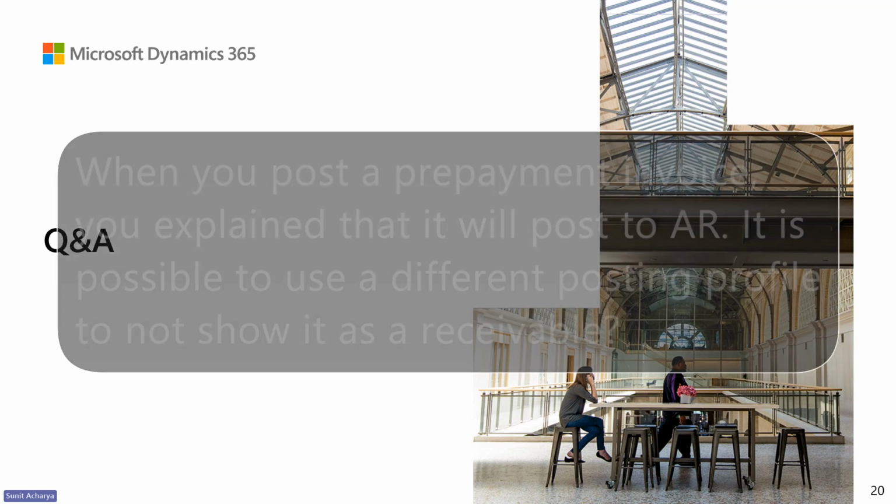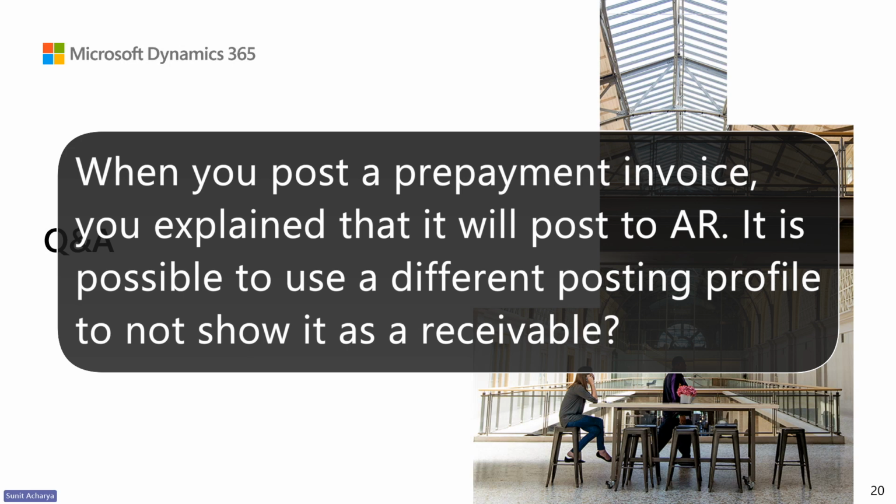Next question. When you post a prepayment invoice, you explain that it will post to accounts receivable. Is it possible to use a different posting profile to not show it as receivable? Yes, I think a different posting profile would be allowed, but it is at the end of the day a receivable. So our best practice would be to have a receivable account set up.